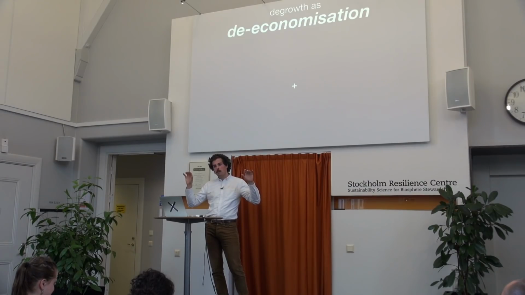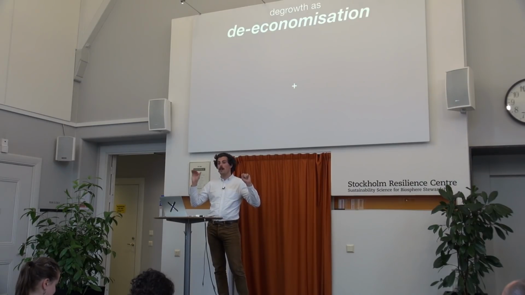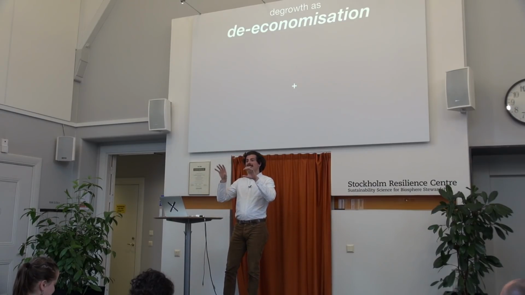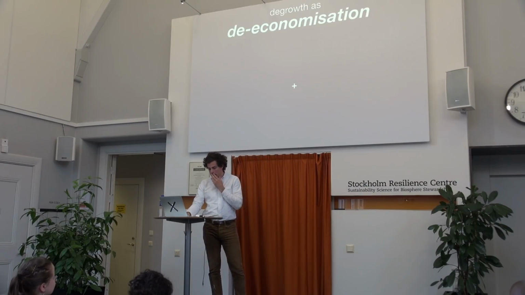The economy we have is too big and too fast for its social and environmental supporting system. So de-economization is a reversal of this, slowing down and shrinking down the economy so that it can fit within its society and within its environment. I'm going to show you how I think it could be done.